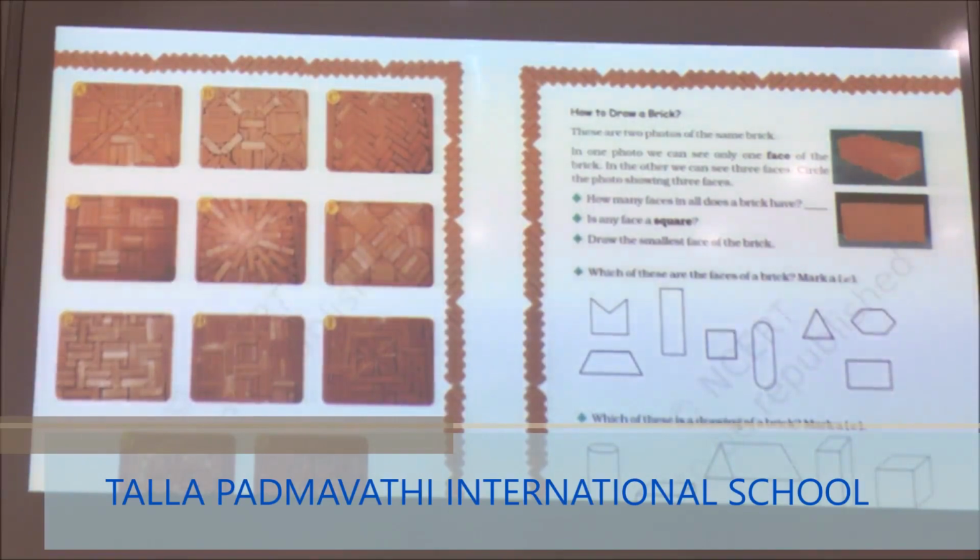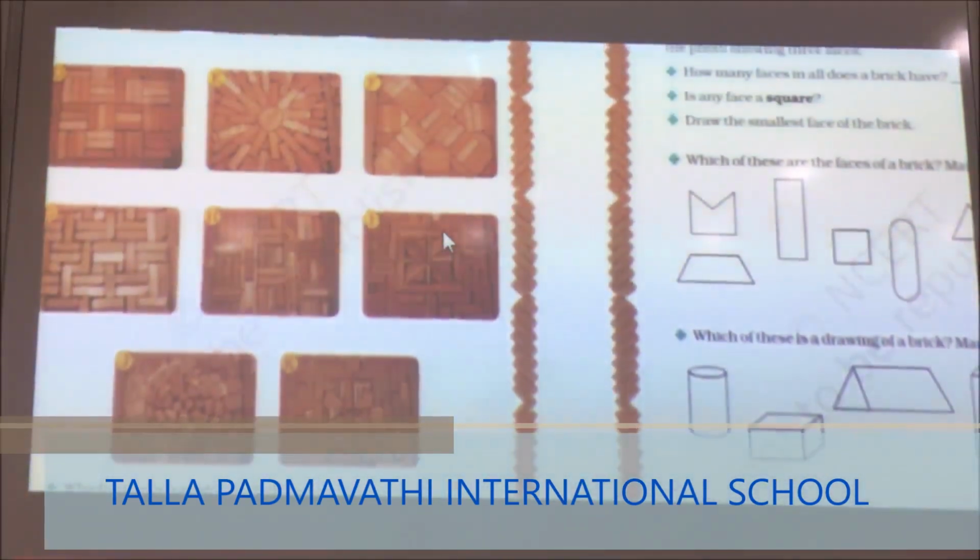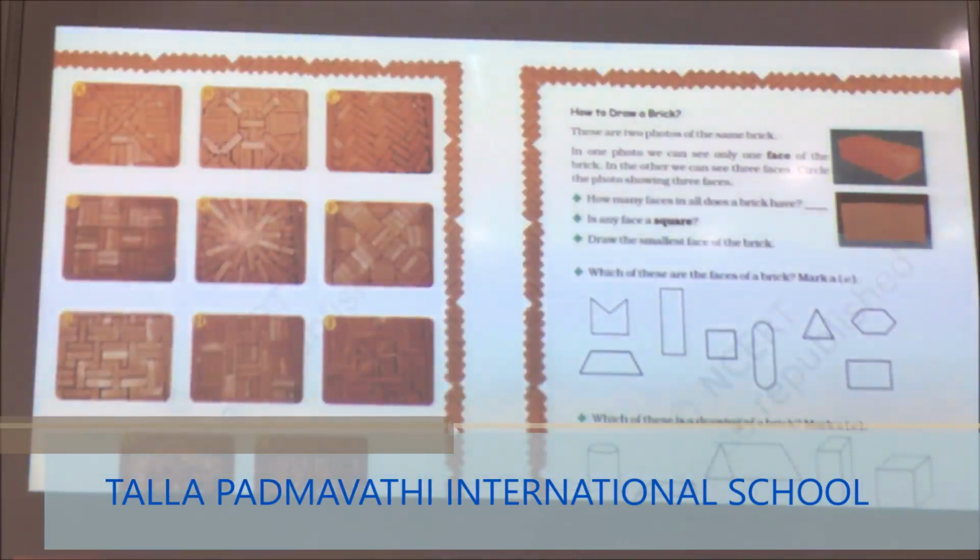So now he is asking us to divide these patterns in such a way that you get a mirror half. So let us see it one by one. So the first one children, what is the rule of the mirror half? What is the rule of symmetry? That one half of the image should be equal to the other half of the image.